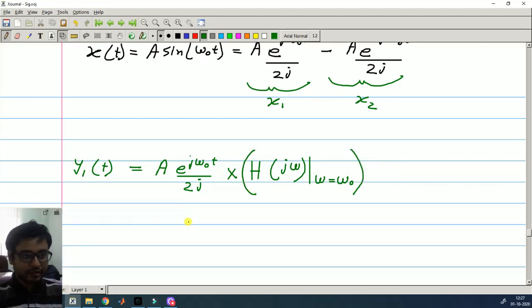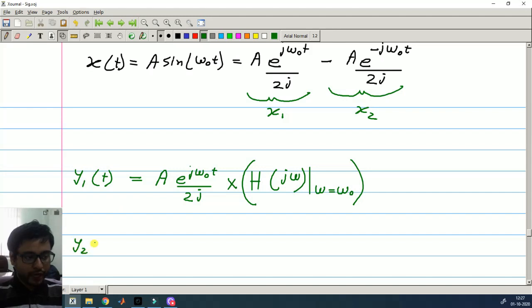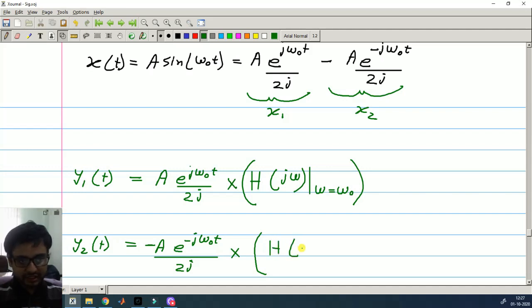In the same way, the output y2(t) for x2 input will be a e to the power minus j omega naught t by 2j with this minus sign, then multiplied with a constant which is H(j omega) evaluated at omega equal to minus omega naught.